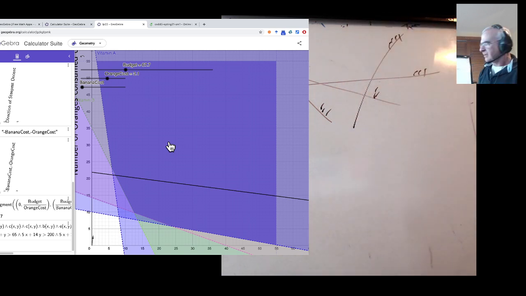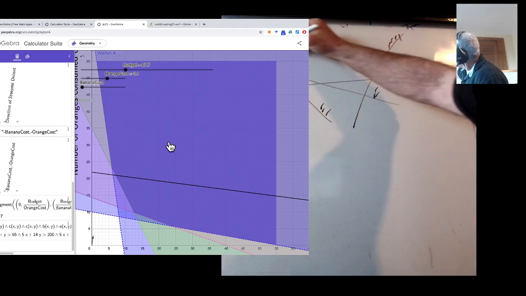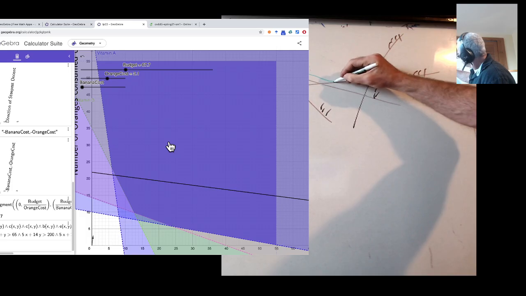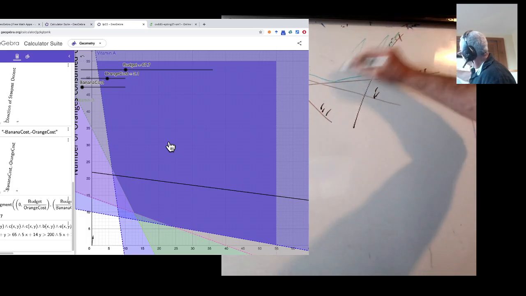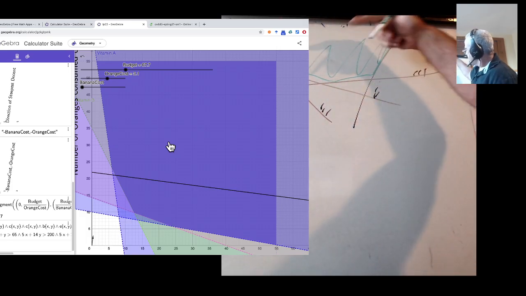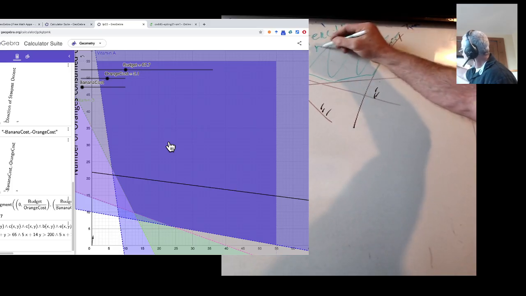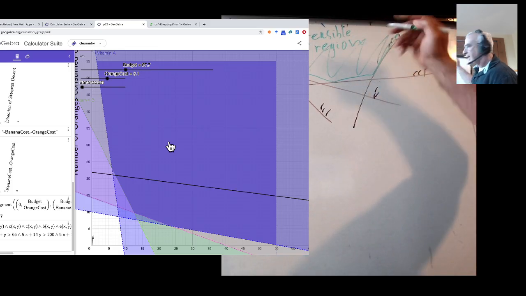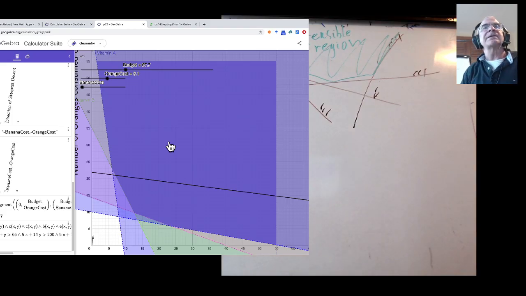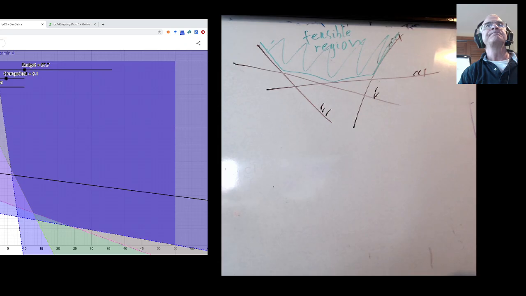A half plane is a region in the plane bounded by a line, and you consider the intersection of the regions over here, and this is a feasible region. That is, the diet we are after must be somewhere inside this region.